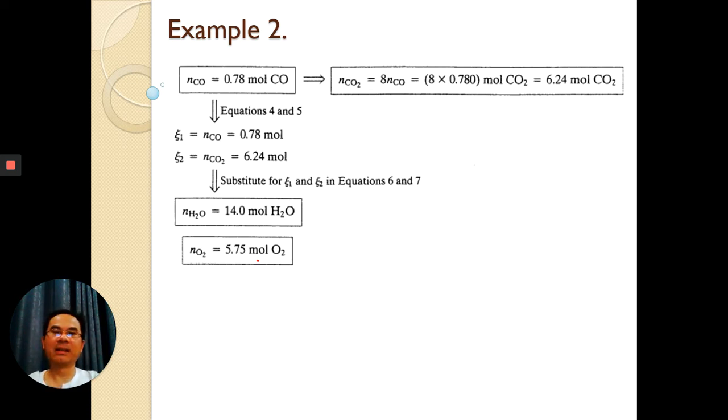It shows why we can solve by three techniques. But mostly, if it's a simple reaction or one reaction, you can use the molecular balance.